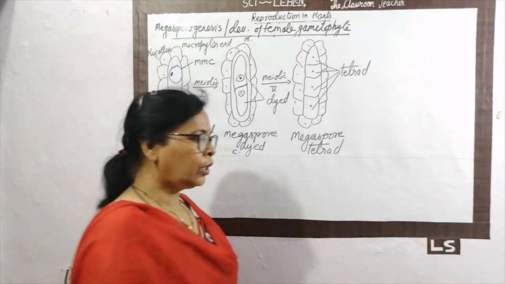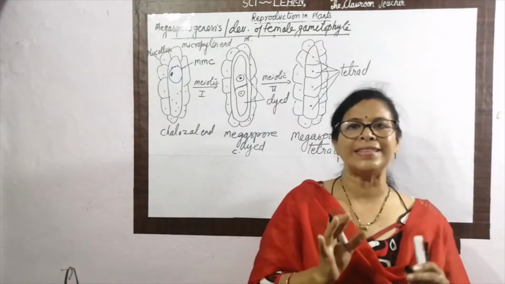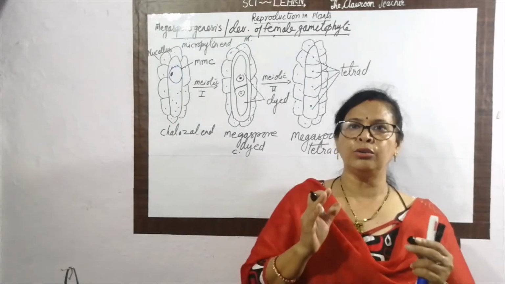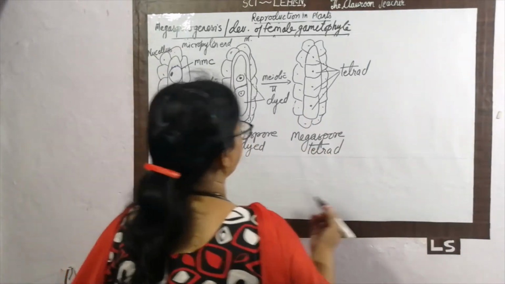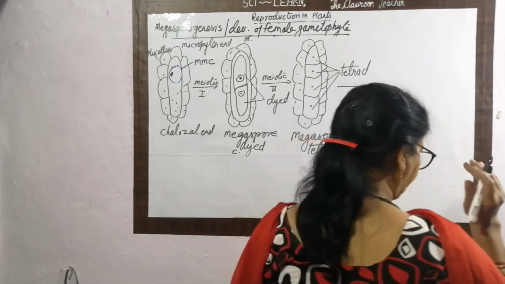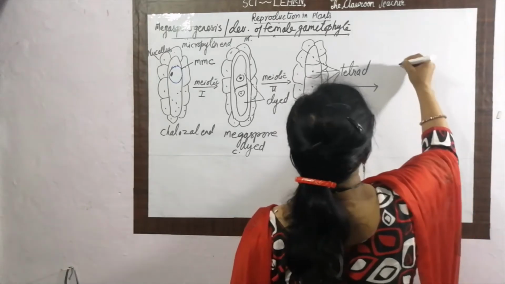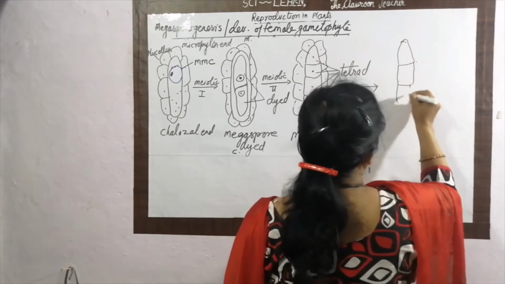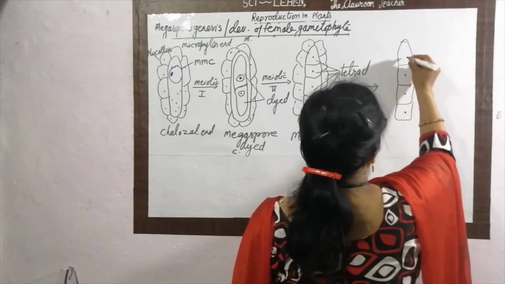And what happened now? Out of the 4 cells, only 1 cell has the ability to survive or to be activated. The rest of the cells get degenerated. After the formation of the megaspore tetrad, with 4 cells, 1, 2, 3, 4, I need to separate them here.